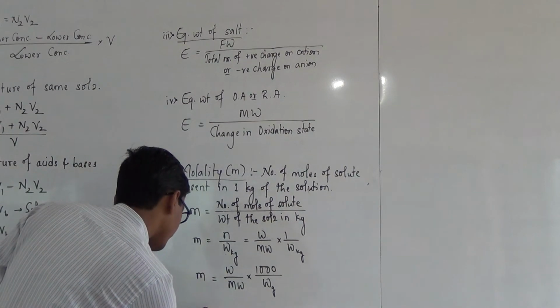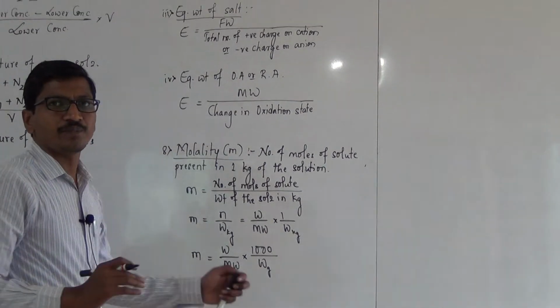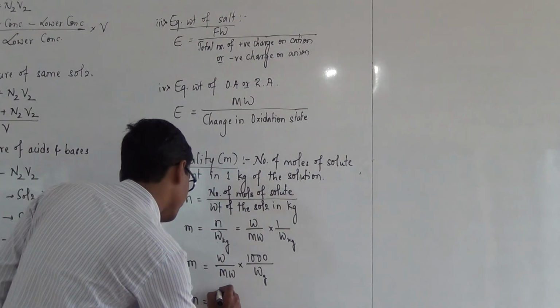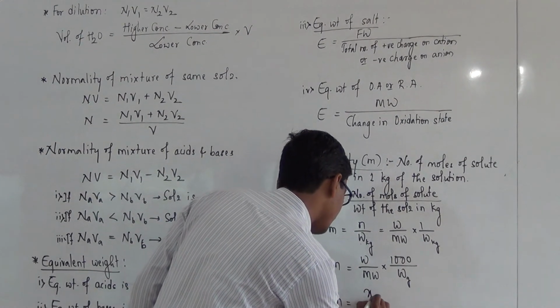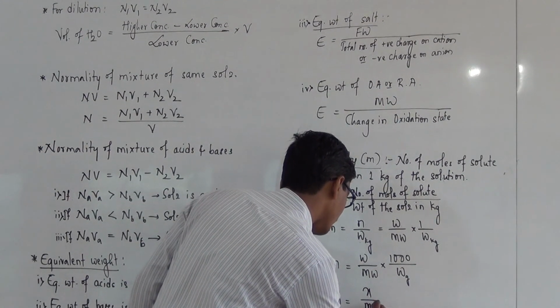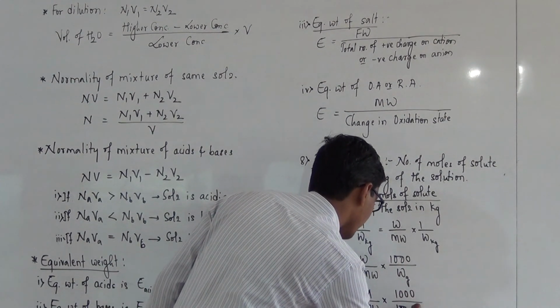And this is also expressed in mass by mass percentage: x divided by mw into 1000 divided by 100 minus x.